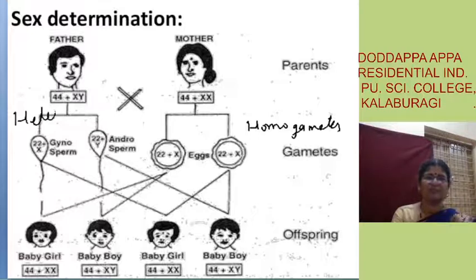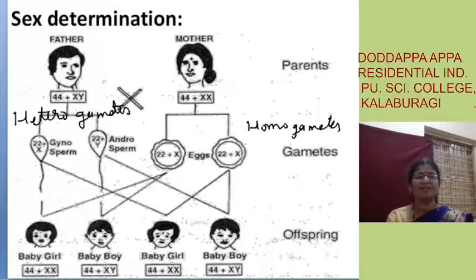Heterogametes. They produce different types of gametes. 50% of their gametes have the X chromosome, and 50% of their sperm have the Y chromosome.